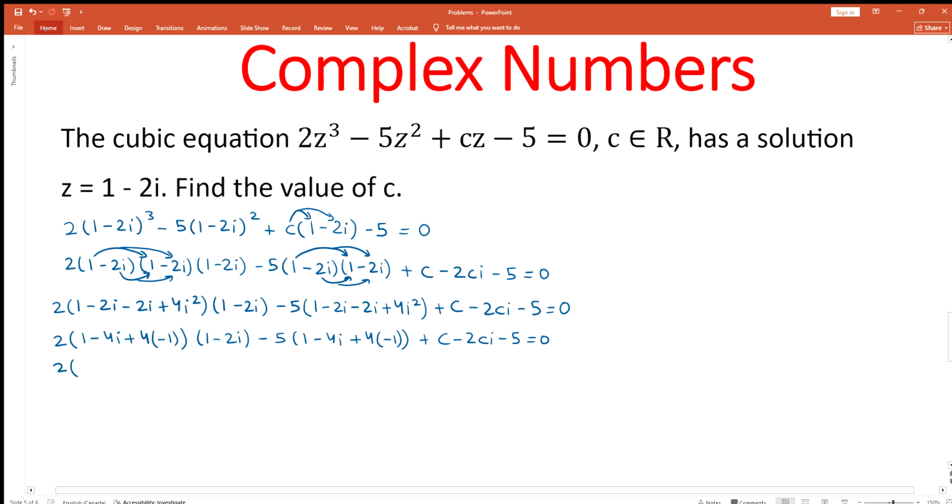Next, we can combine like terms in the parentheses. 4 times negative 1 is negative 4 and 1 minus 4 is equal to negative 3.